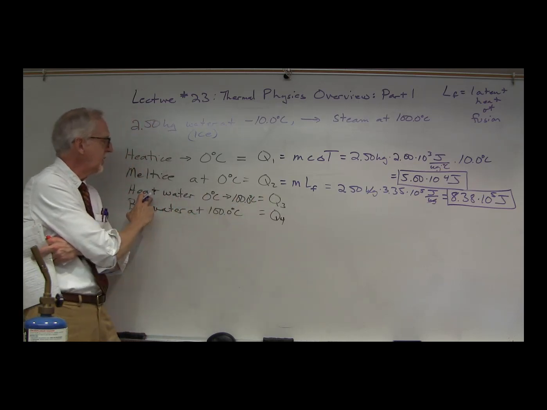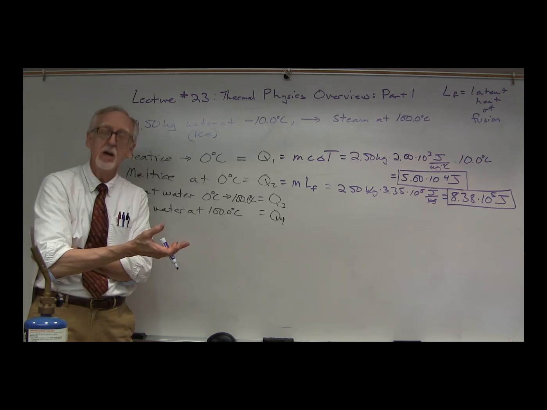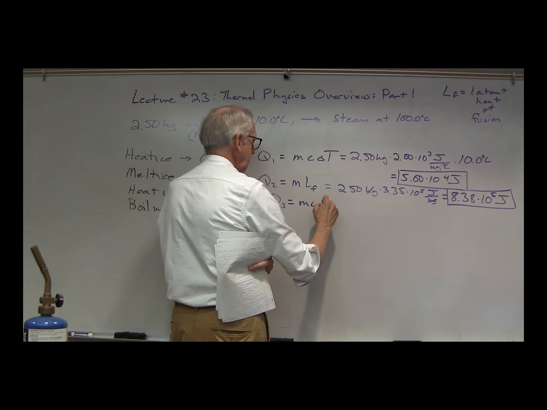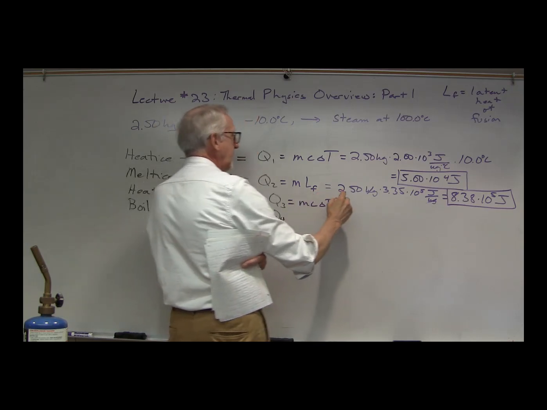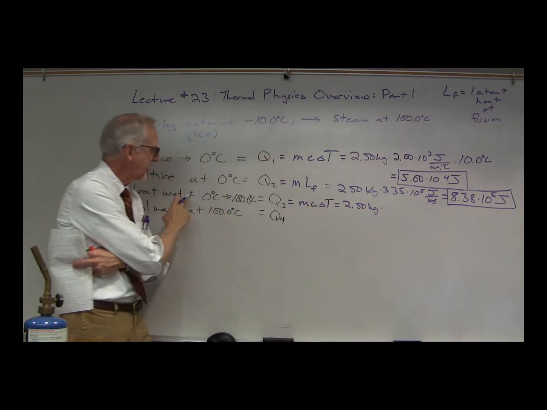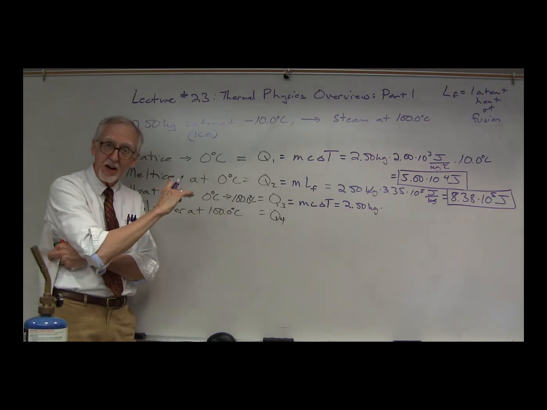Next step, Q3. What are we doing? We're heating water from 0 to 100 degrees. So is that a temperature change or a phase change? That's a temperature change. So Q3 equals MC delta T. M, again, 2.50 kilograms, times C. Now we're talking about the specific heat of water. We've got liquid water for this entire change.